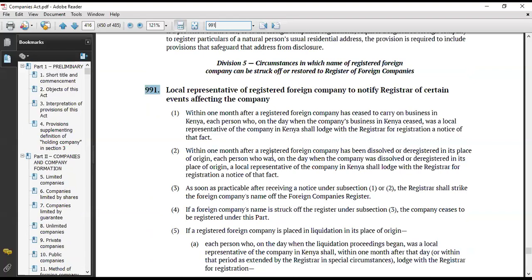Of course, this one you read together with 432, the one you have read. So within 1 month after a registered foreign company has been dissolved in its place of origin, a local representative in Kenya shall lodge with the registrar a notice of that fact.